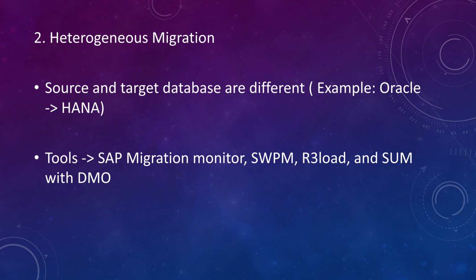It requires careful planning and proper execution. The main tools used for heterogeneous migration are SAP Migration Monitor, SWPM, R3Load, sometimes with DMO. This approach is often used when companies are moving from traditional databases to SAP HANA for better performance and innovation.